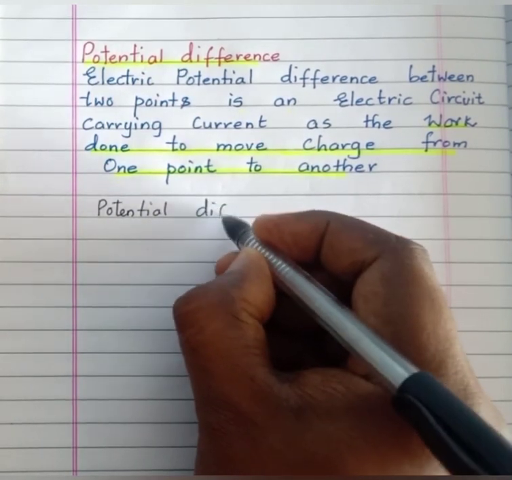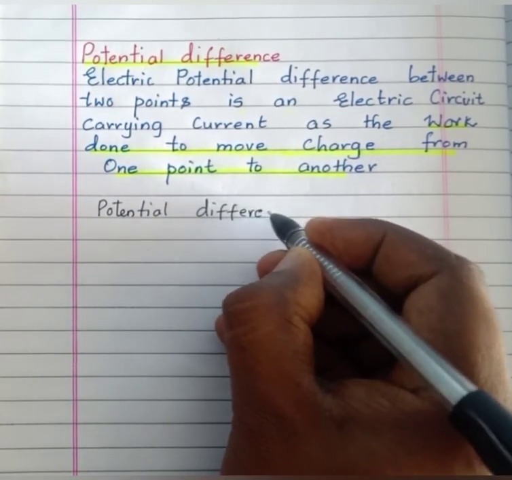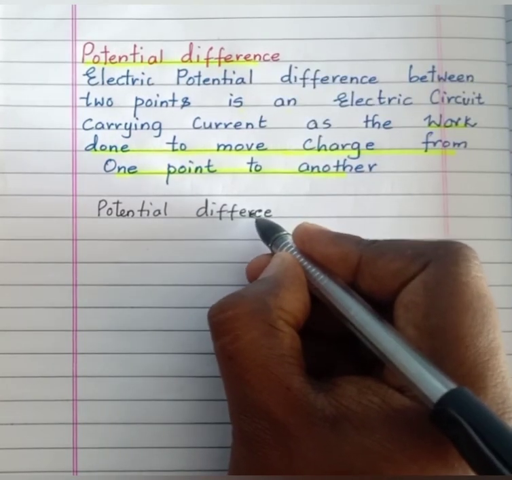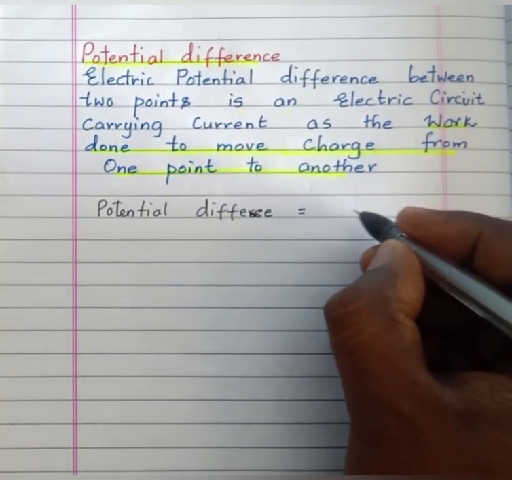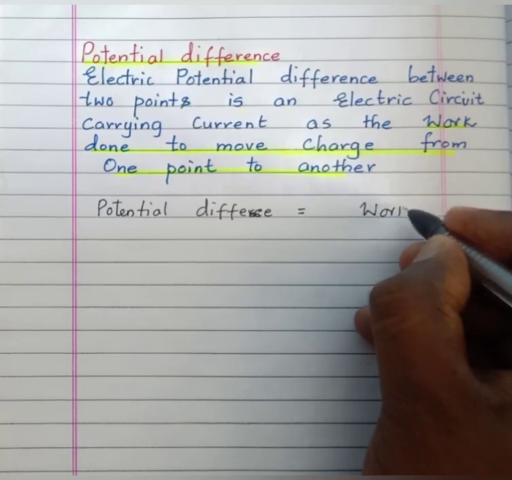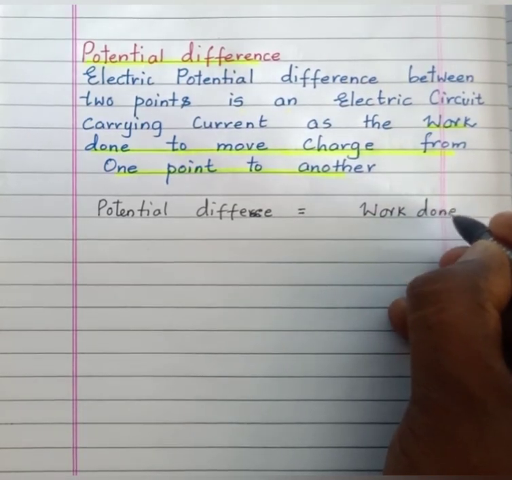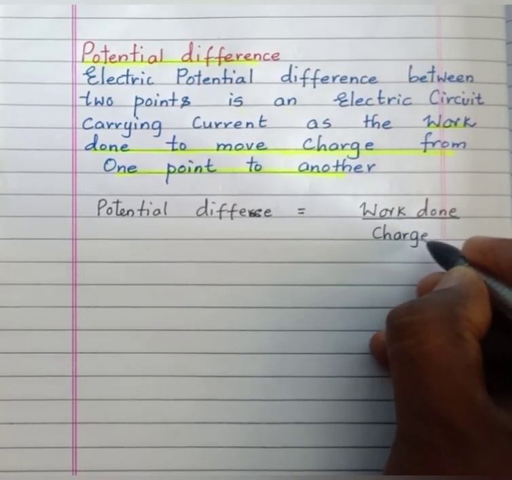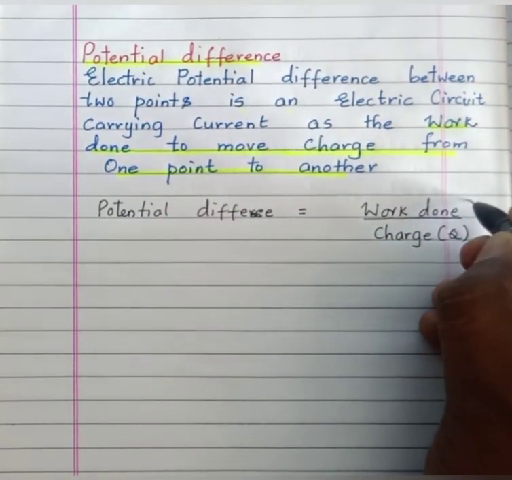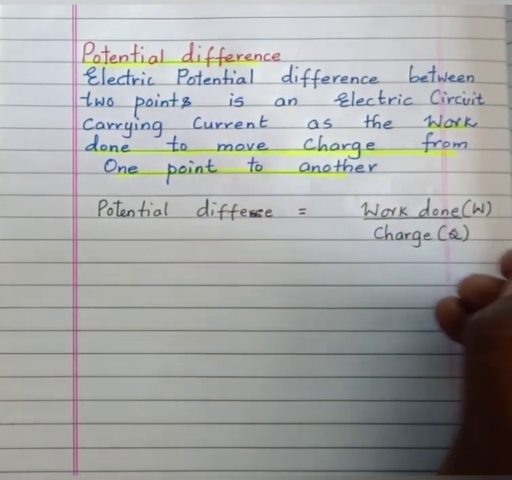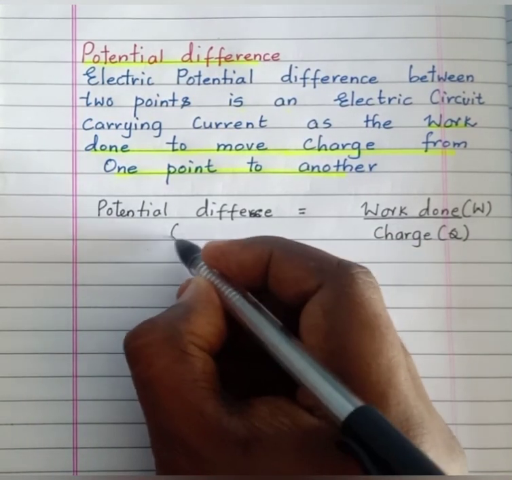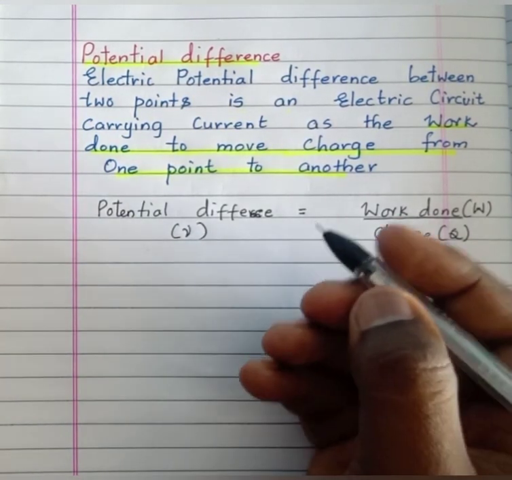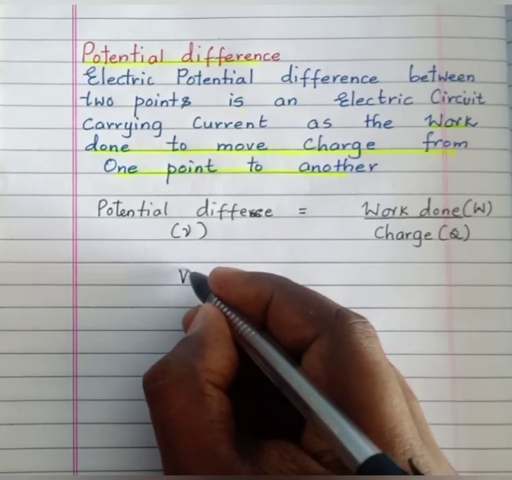Therefore, potential difference equals work done in moving charge Q, that is potential difference equals work done divided by charge. Potential difference is denoted by V, work done by W, charge by Q. Therefore, V equals W by Q.